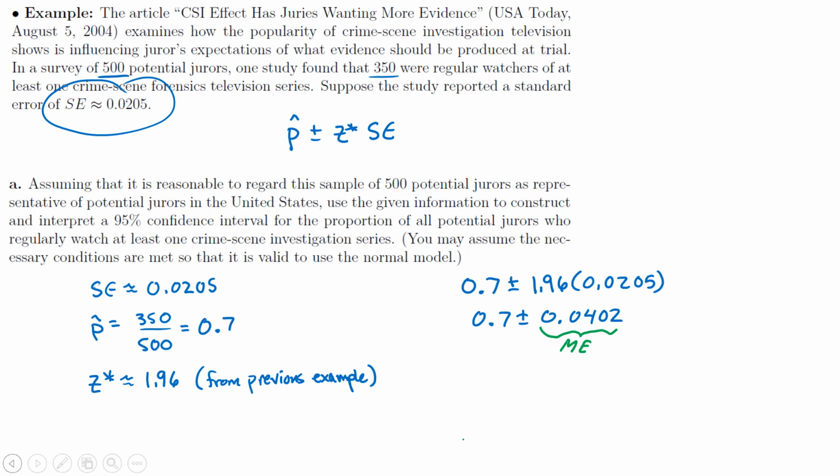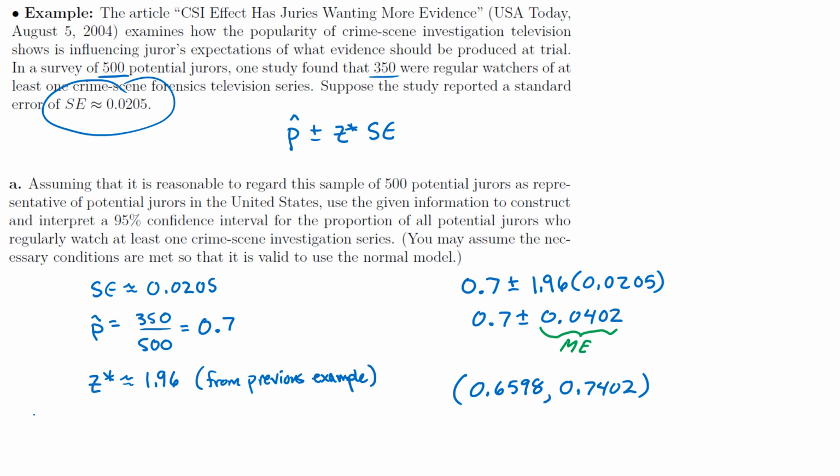That's literally the thing you're subtracting and adding from and to your point estimate. And then we actually want to do the addition and subtraction. To subtract, you end up with 0.6598, and to add 0.0402 to 0.7, you get 0.7402.